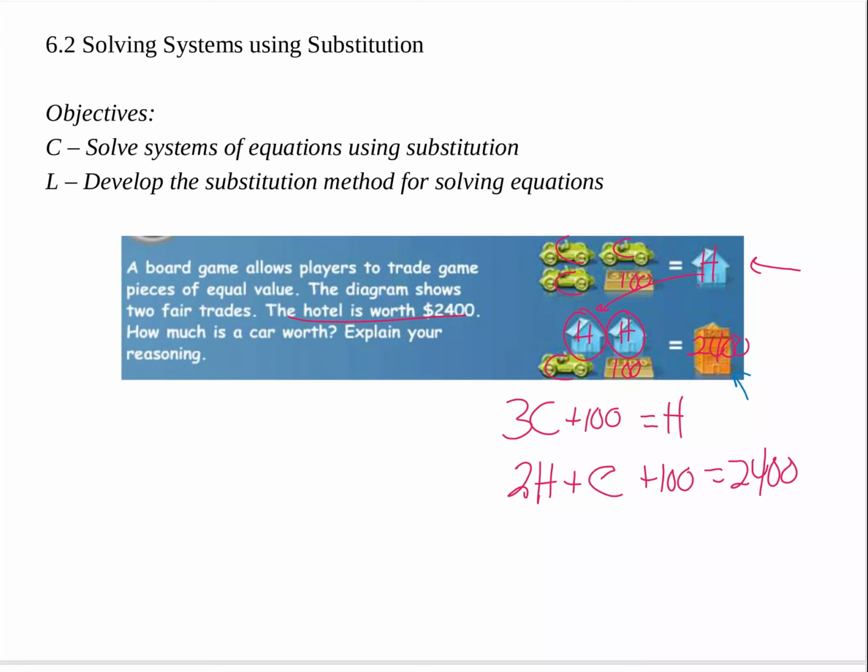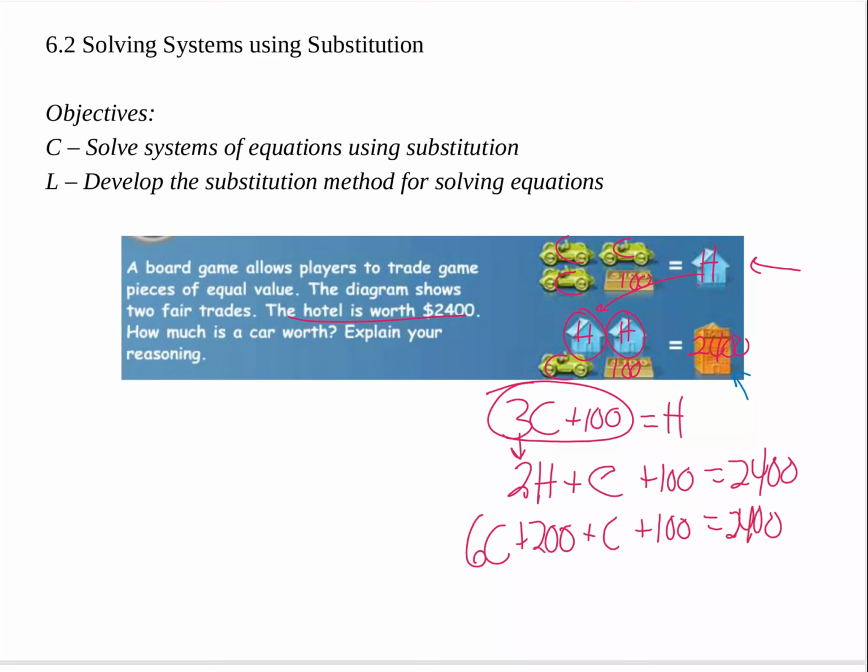So 3 cars and $100, twice, gives me 6 cars and $200. That's a substitution problem. That's a fair trade. So now I have 2 houses turning into 6 cars and $200. So that's 6 cars plus $200 plus another car plus another $100 equals $2,400.